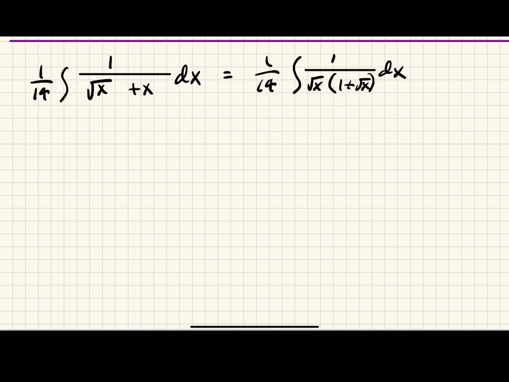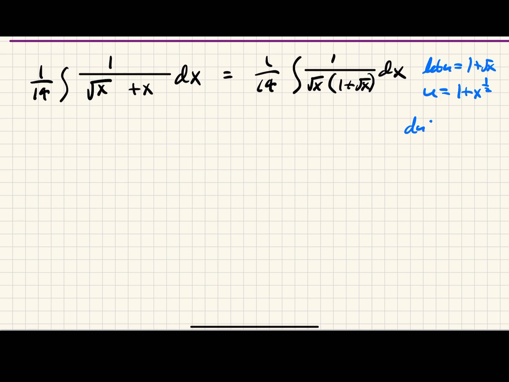Now, what did that do for me? Well, let's see. If I was thinking about substitution, I'd probably think, you know what? If u was 1 plus the square root of x, then the derivative would put a square root of x on the bottom, wouldn't it? That would be handy. Because that is 1 plus x to the 1/2.